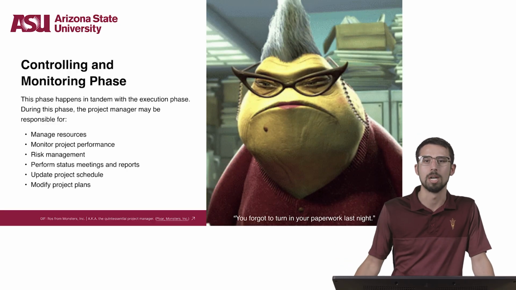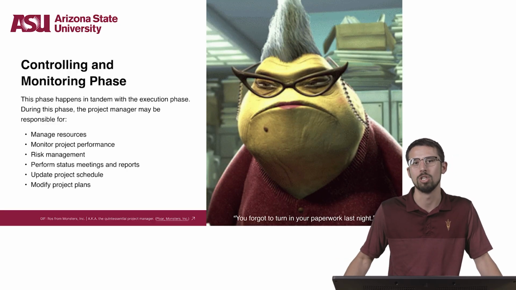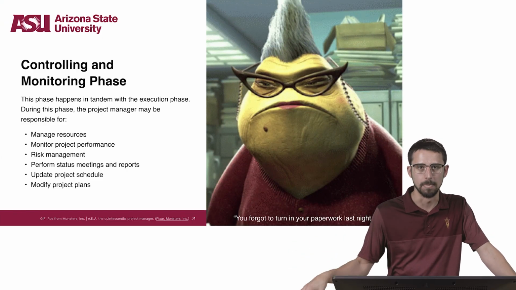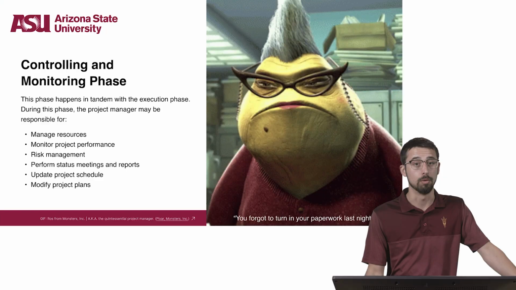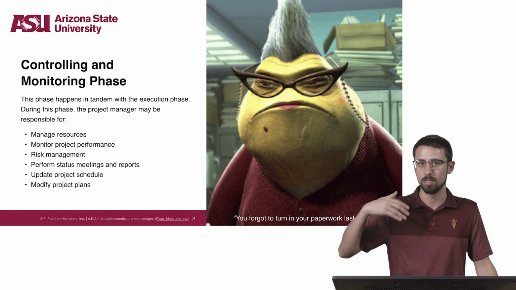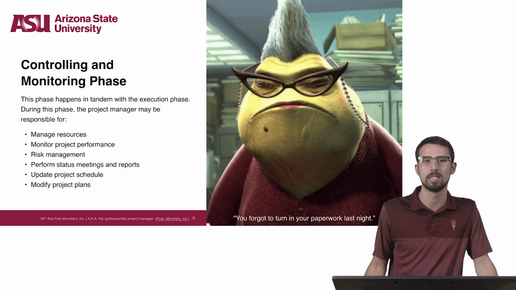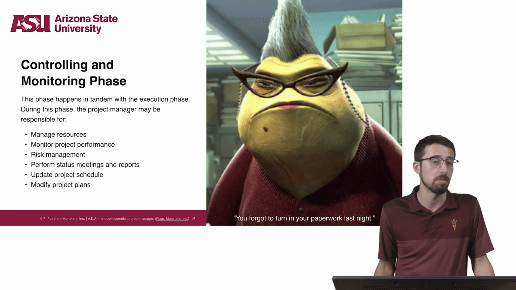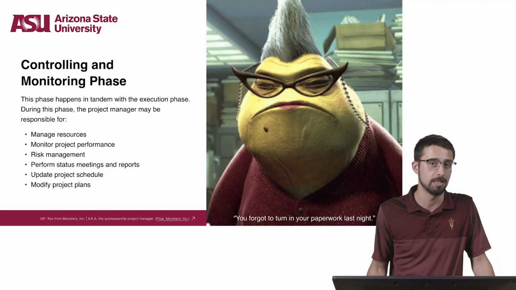During the controlling and monitoring phase, project managers may have to do any of the following: manage resources, monitor project performance, risk management, status meetings and report updates, and then update project schedule, and maybe even modify the project plans.